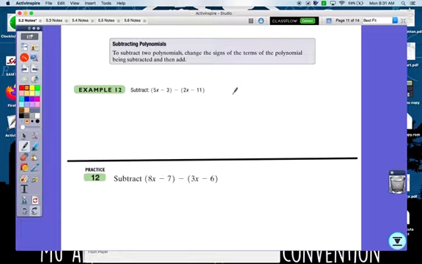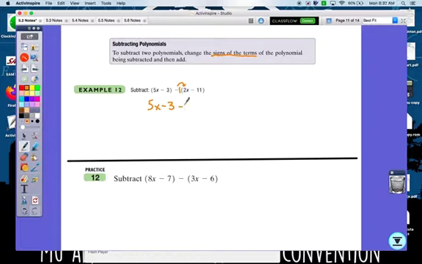All right, and then we have subtracting polynomials. The only difference here is we've got to change the signs of the terms in the polynomial being subtracted. Okay, so it's like you're using the distributive property. It's like there's a negative 1 in front of the second parentheses. So when I rewrite it, I've got 5x minus 3 for the first term, but I need to distribute the negative 1 through.